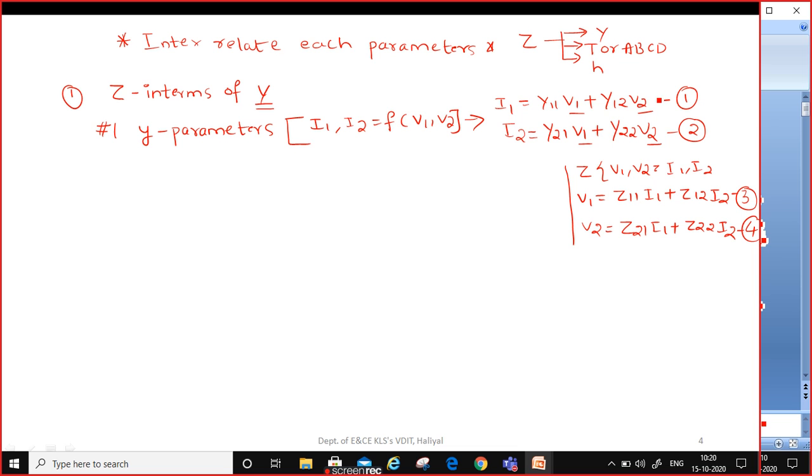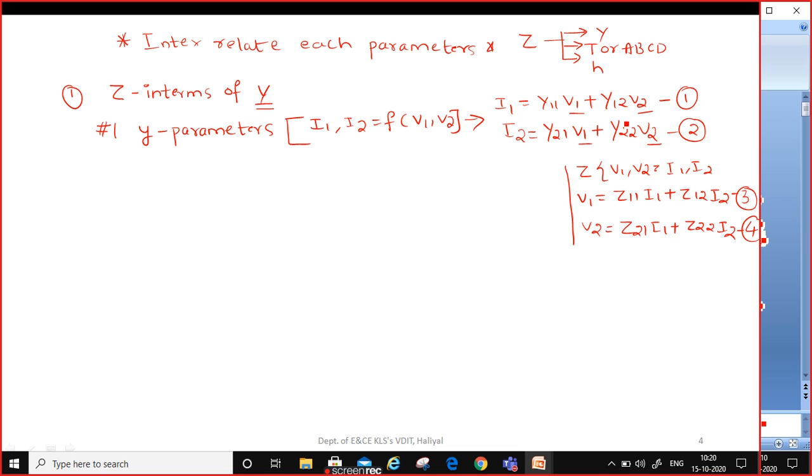Say for example, if instead of V2 it were I2, then we could have defined V1 directly by taking this side to the other side. But the problem here is that we have V1 and V2 on the RHS in each term.